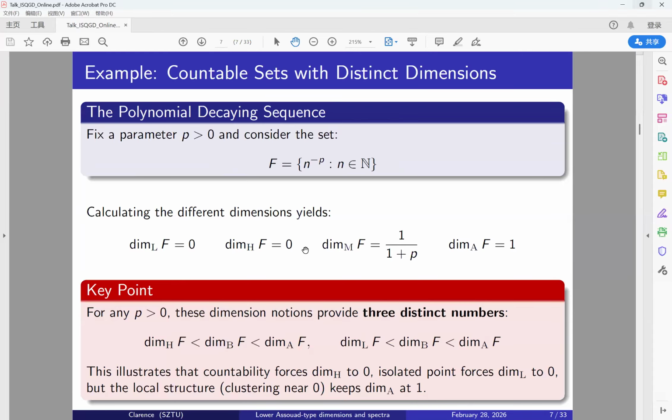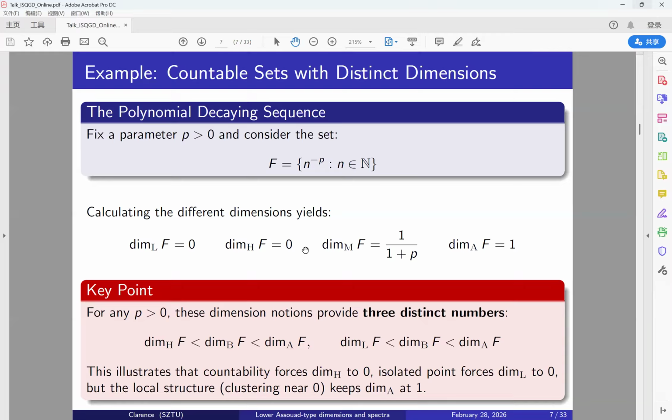Well, after these definitions, we have a quick review of an example, a countable set with distinct dimensions. I would like to introduce one of the famous and well-studied examples, the polynomially decaying sequence, also known as the decreasing sequence with decreasing gaps.